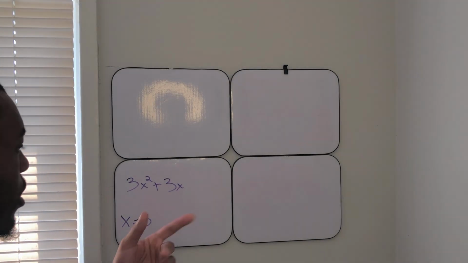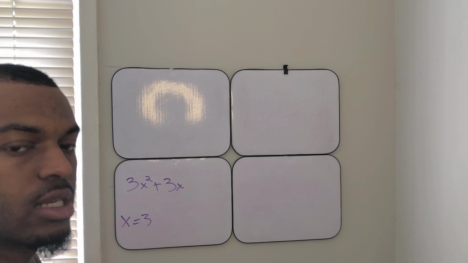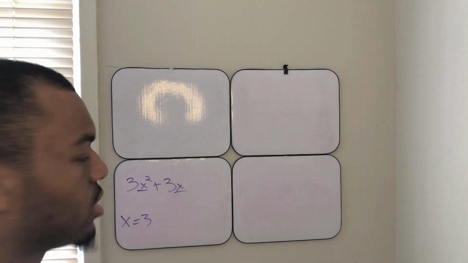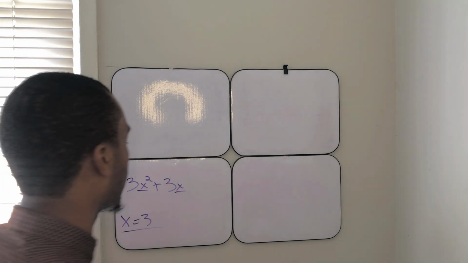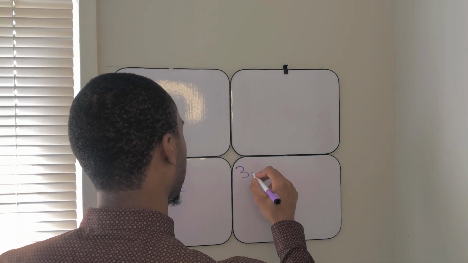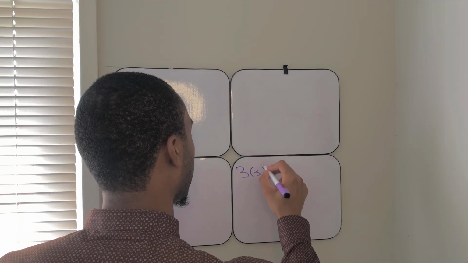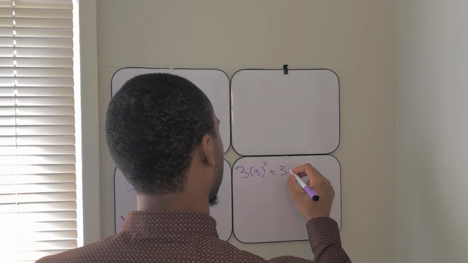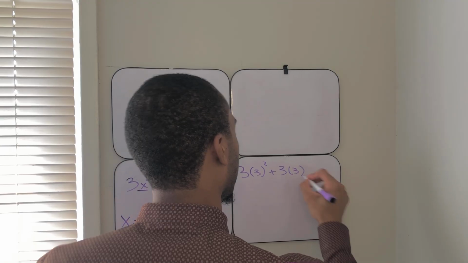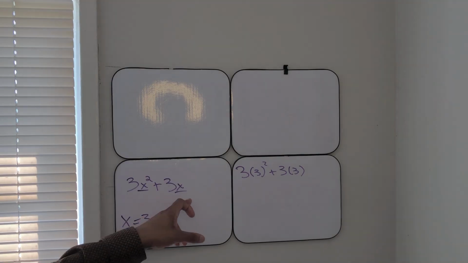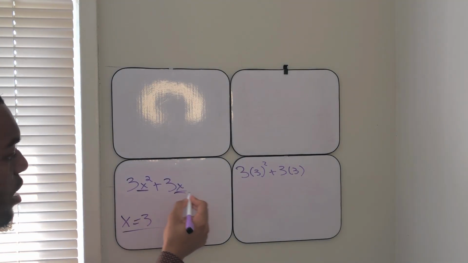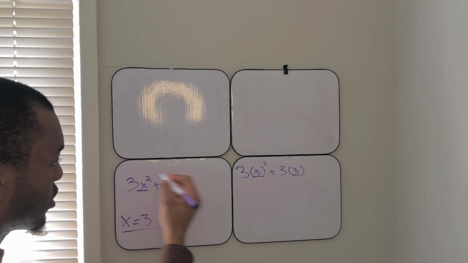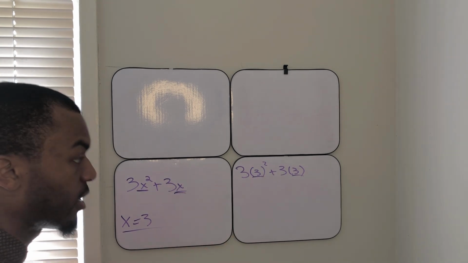A 3 of diamonds. So, like always, the next thing we do is plug in 3 for all of the x's that we see, because x is equal to 3. So let's do 3 times 3 squared, plus 3 times 3. Again, if you look right here, all we did was for every x in the expression, we replaced it with a 3. 3 squared, x squared; 3 times 3, 3 times x right there.